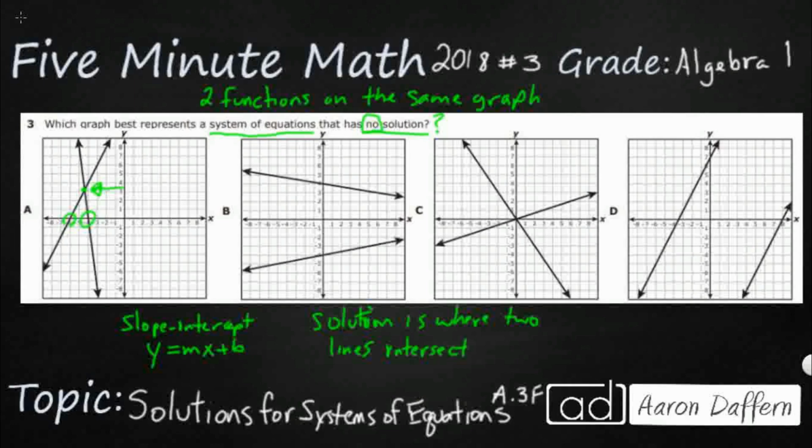Whatever this point is, and we're really not quite sure, it looks like it's not an integer, maybe -4.2 and 3.1. It's some type of decimal. But if we were to find the slope-intercept form of both of those and then plug in the x value and the y value to both of these equations, whatever this intersection point is, then it would make true statements.